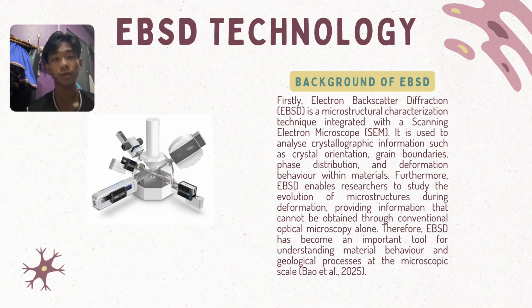Now, let's look closer at EBSD technology, which stands for electron backscatter diffraction. This is a microscopical characterization technique integrated directly within an SEM. It allows us to analyze vital crystallographic information such as crystal orientation, grain boundaries, and phase distribution.